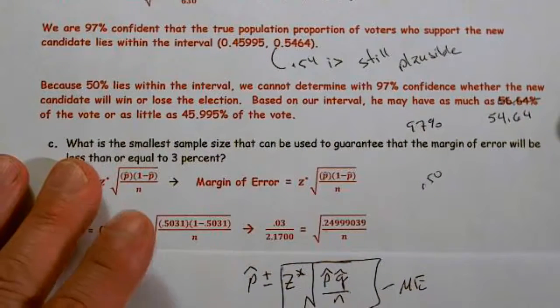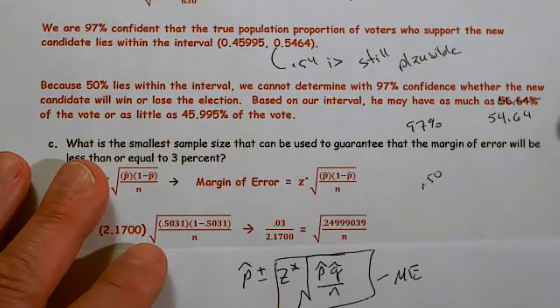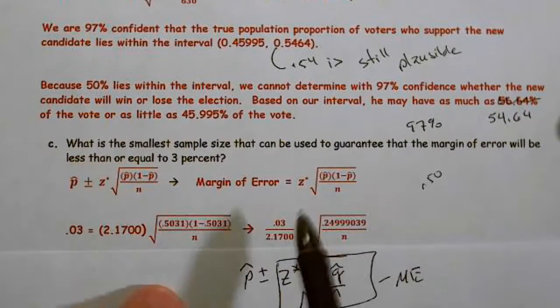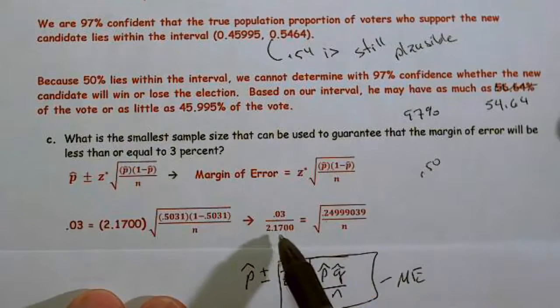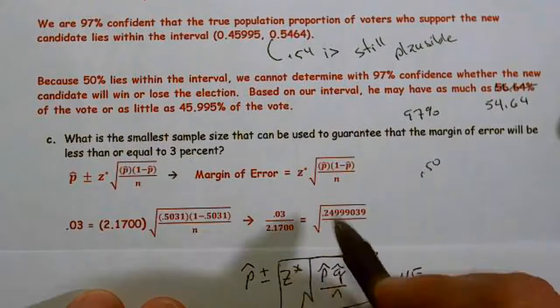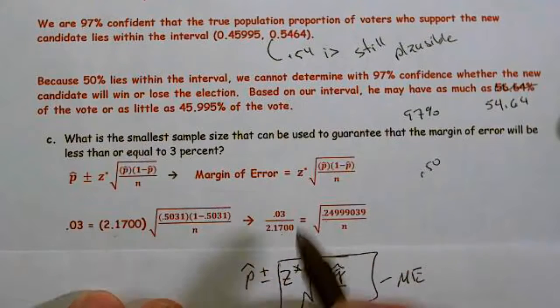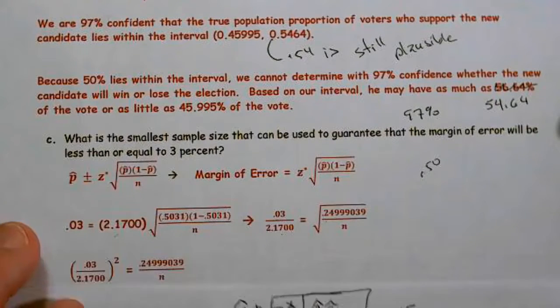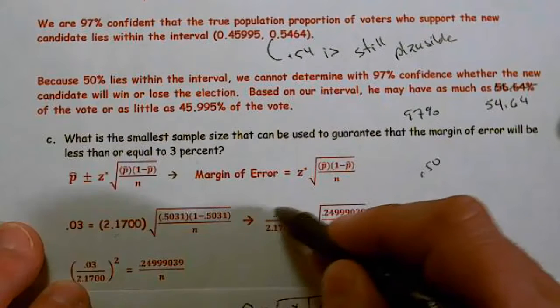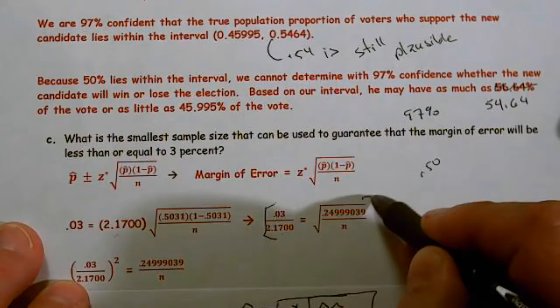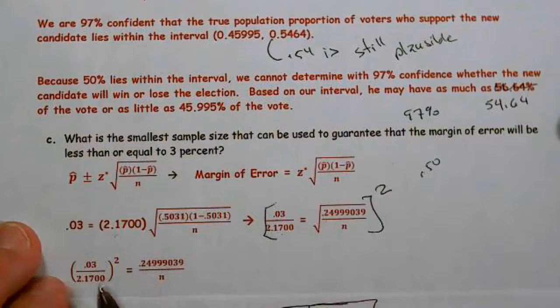I probably don't need to be that precise, but that's what I used. So I came back and I divided both sides by 2.17. So this goes away. Square it. When I take this part right here and I square it, I end up getting this part squared divided by this.